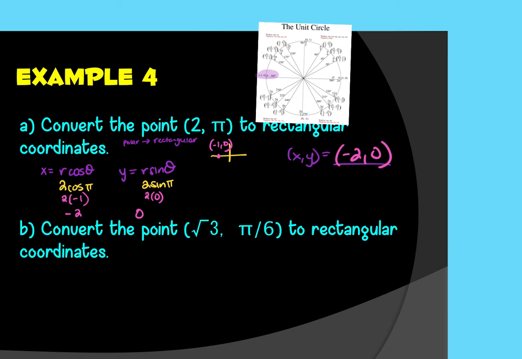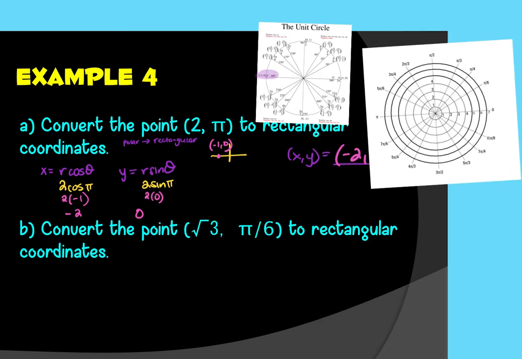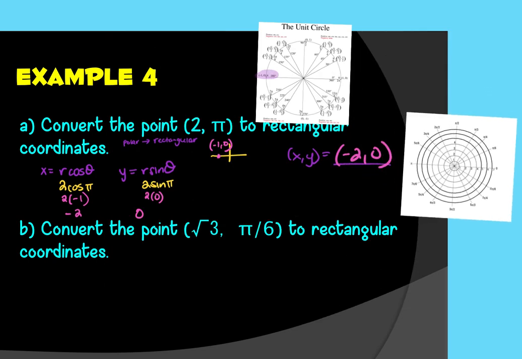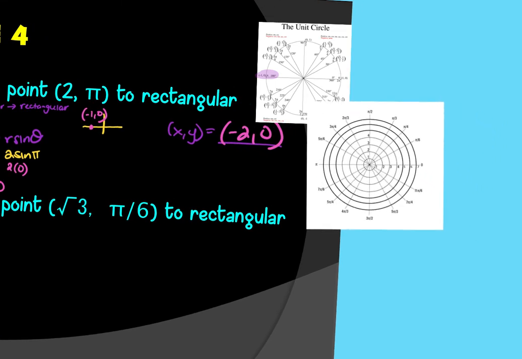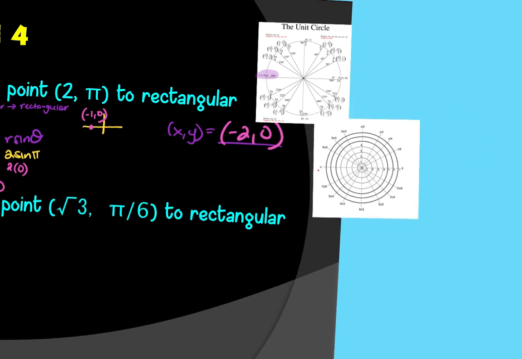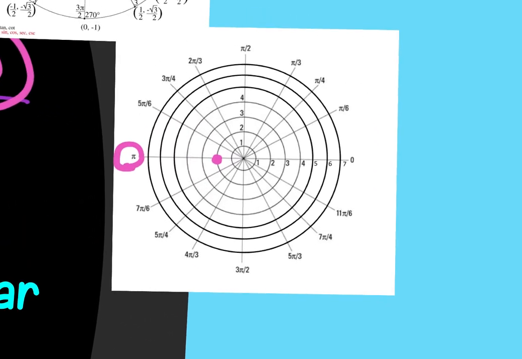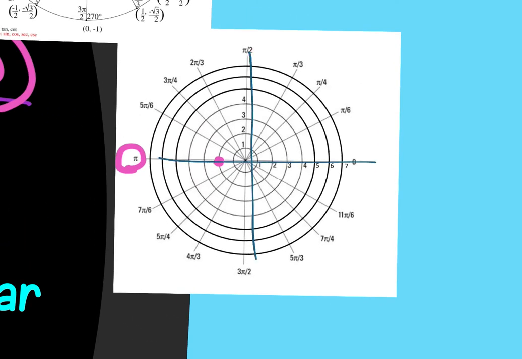Now, if I had plotted this on a polar coordinate grid, so go back to your original angle. And if I had plotted 2 pi, sorry, pi is there. 2 would say move towards there, put a dot on the second ring. Now, if I had overlapped this with an x and y axis, this would be left 2 spots, which would be -2, 0.